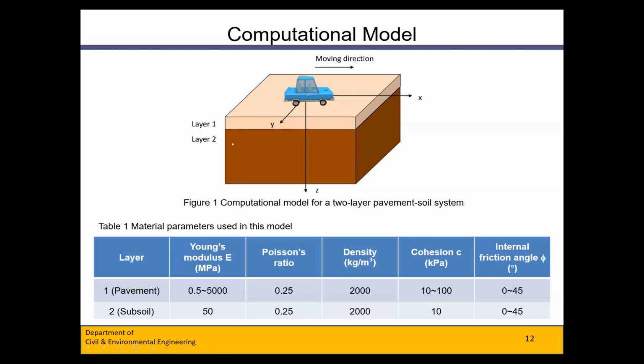The first layer represents the pavement, and the second layer represents the subsoil, which is semi-infinite. A blue car here is moving on the ground surface along the positive x direction. All of the material parameters which we use in our model are shown in this table. We can see Young's modulus E, Poisson's ratio, density, cohesion, and also the internal friction angles.